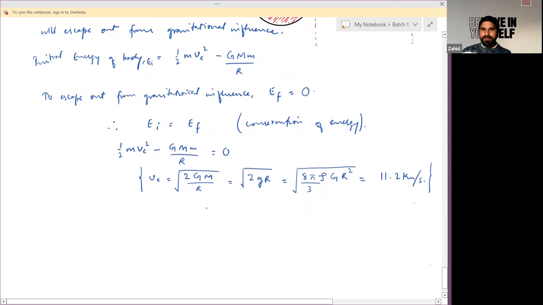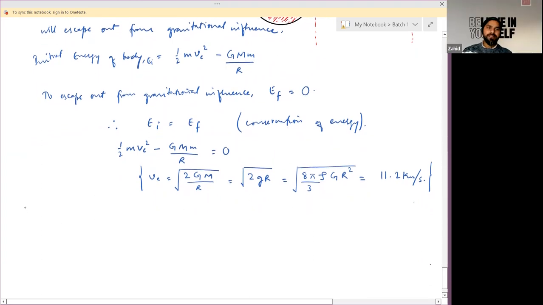Now, according to this expression, you can say there is no information regarding the mass of the projected body. So escape velocity will be independent of the mass of the body thrown. So it will require the same amount of velocity to throw an insect or an elephant.